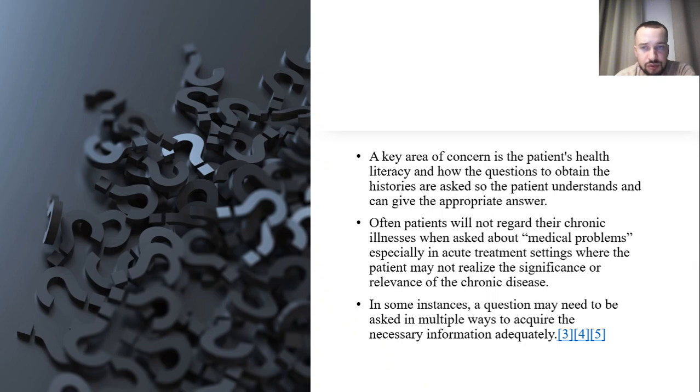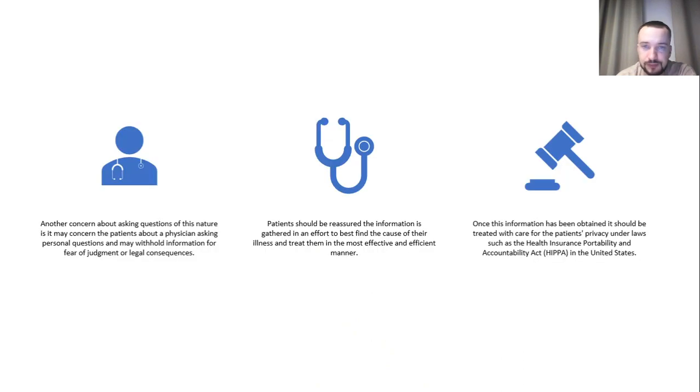Often patients will not regard their chronic illness when asked about medical problems, especially in acute treatment settings where the patient may not realize the significance or relevance of the chronic disease. In some instances, a question may need to be asked in multiple ways to acquire the necessary information adequately.